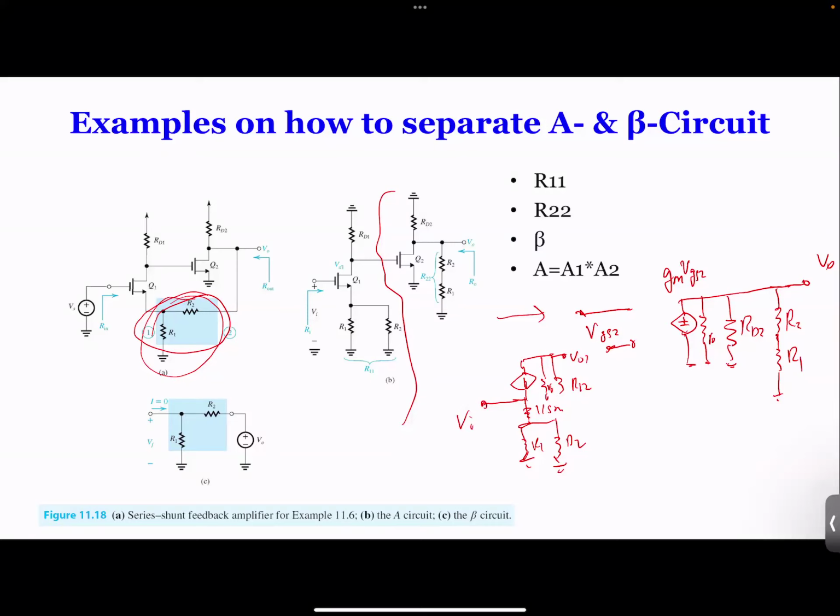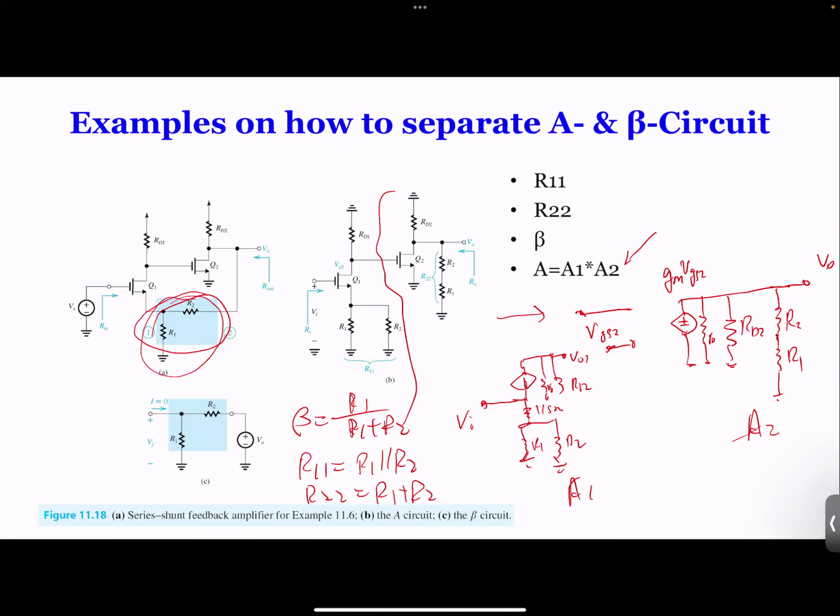So now you can find the gain A1 and the gain A2, and your total gain will be A1 times A2. And R11, you already know, equals R1 in parallel with R2, and R22 is equal to R1 plus R2. And you also have your beta equal to R1 over R1 plus R2, right? So you got all these numbers.